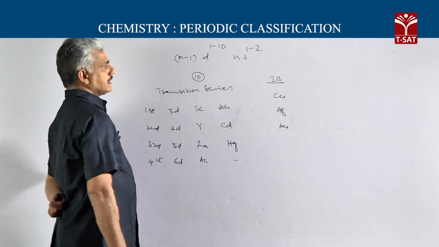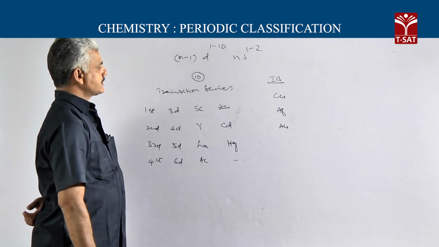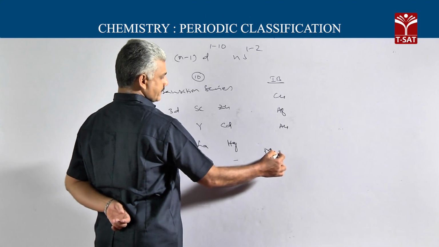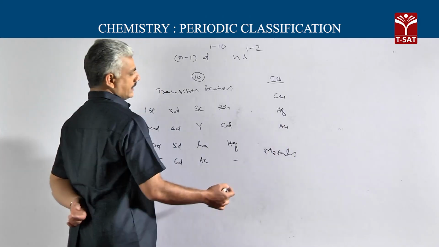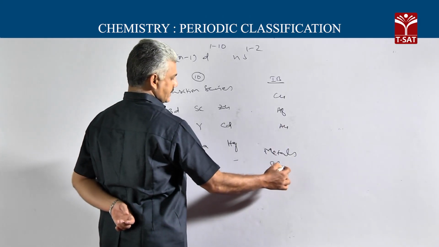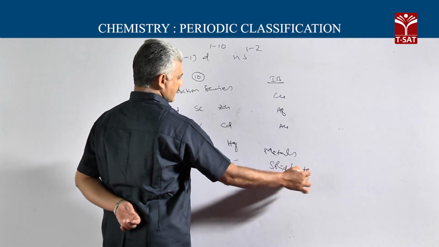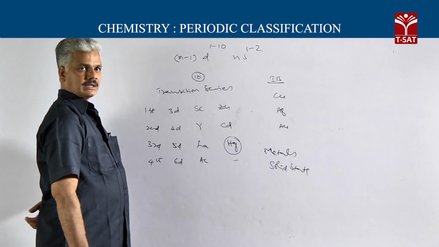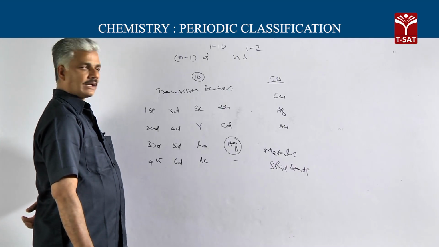Then coming to general characteristics of D block elements, all the D block elements are metals. They exist in solid state except mercury. We all know mercury is a liquid metal.